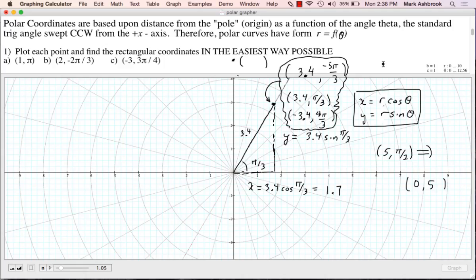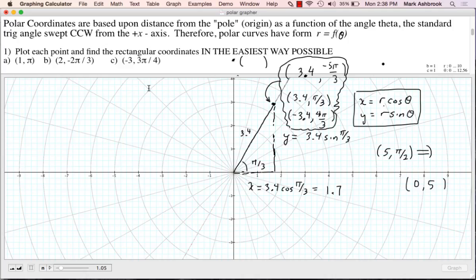So we're just going to practice a little bit here. Plot each of these points in polar coordinates: 1, pi; 2, negative 2 pi over 3; and negative 3, 3 pi over 4. Find the rectangular coordinates. Remember, brain on. Think about it. Don't just automatically plug into the formula if you can avoid it.